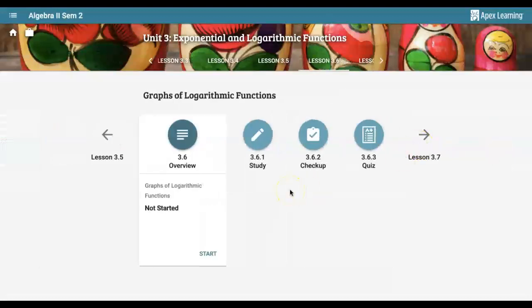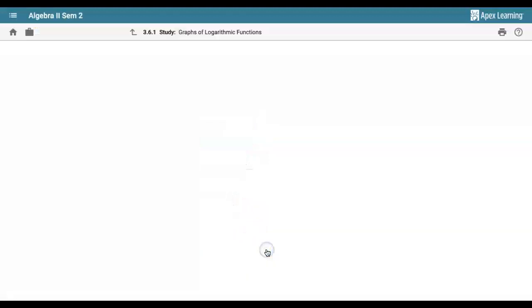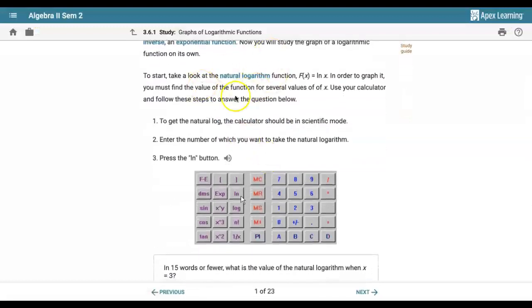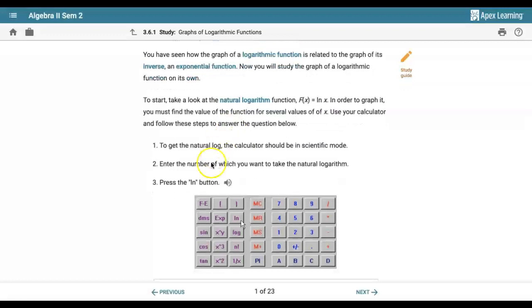Now taking a little bit more in-depth look at what the graphs of our logarithmic functions look like here for 3.6. To actually type them in on your calculators, if you're using the natural log, you'll use ln, and if you're using a log base 10, you're going to hit the log function there.